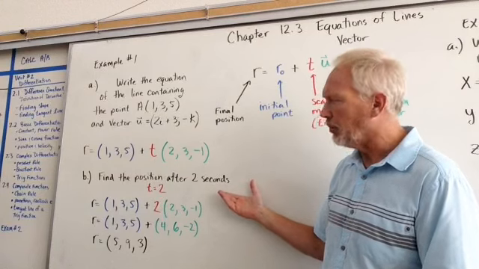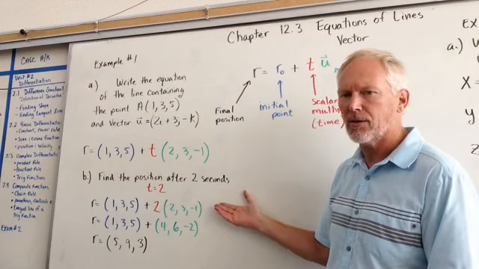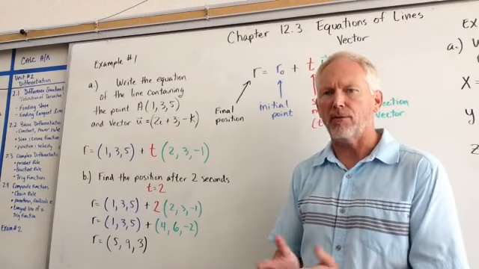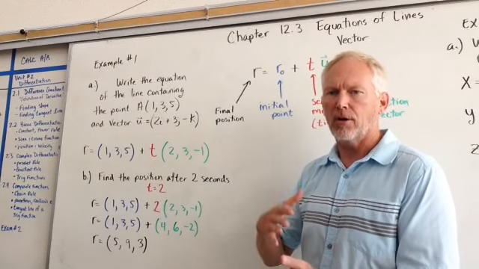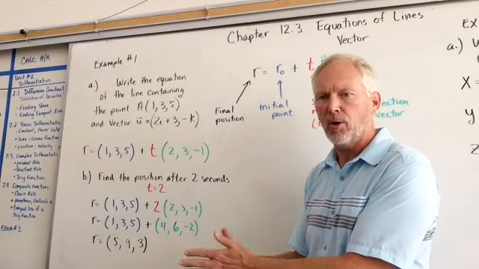Now, Part B says, find the position after 2 seconds. In a lot of these situations, you're going to have to find a position after so much time to see if two planes are colliding or what they're going to do.